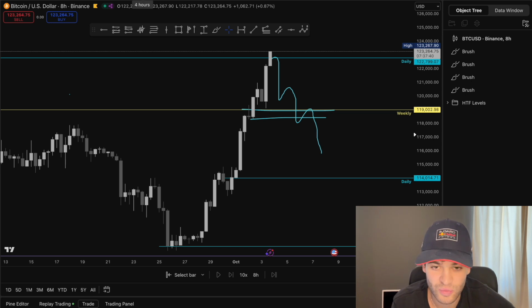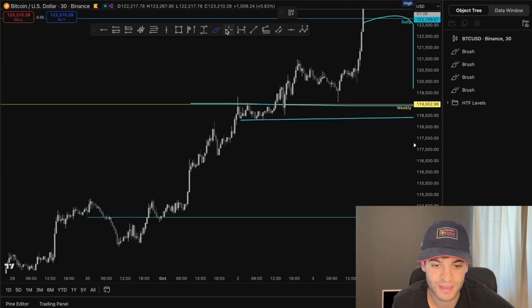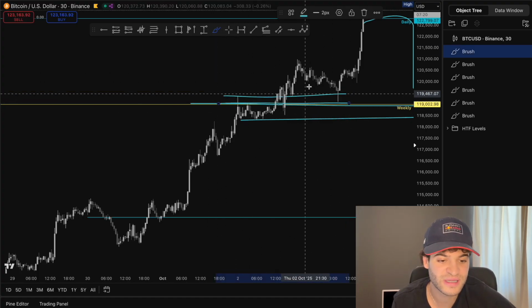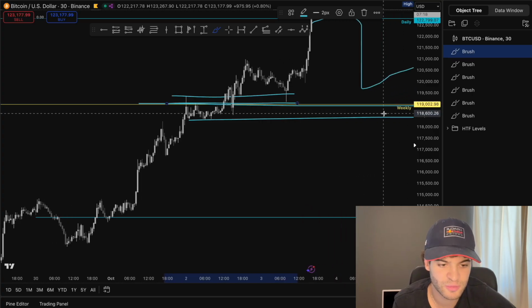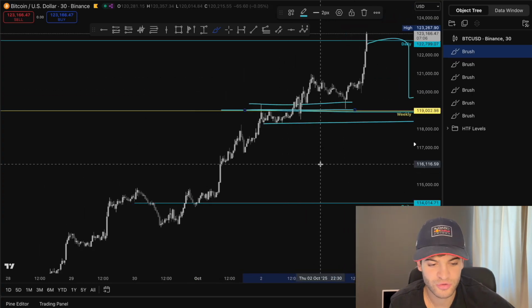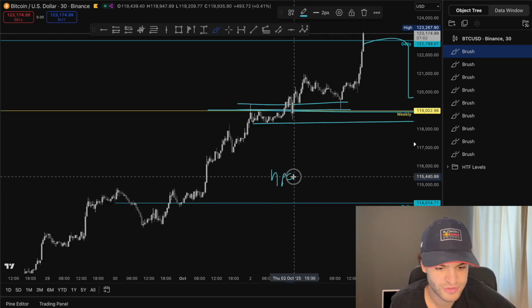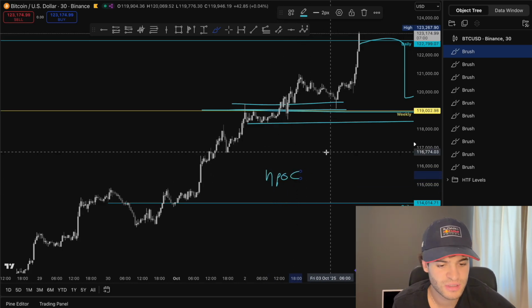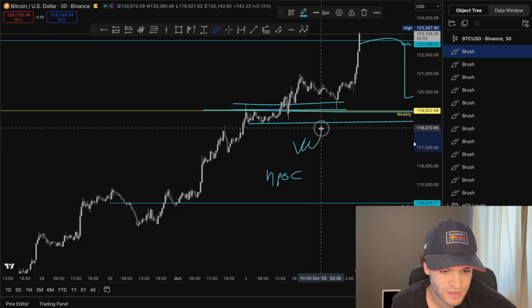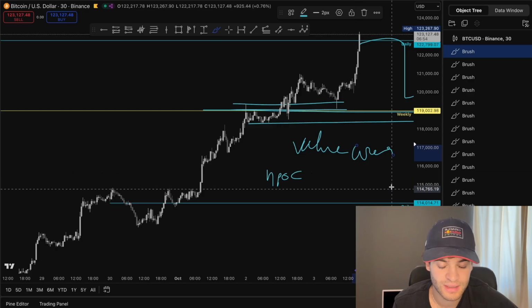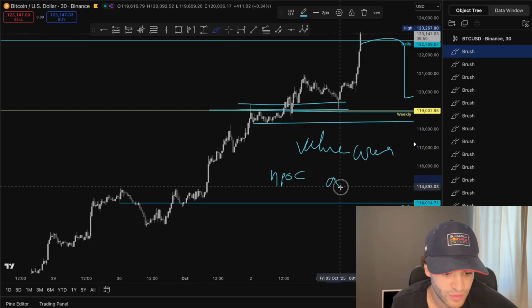And keep in mind, once again, I know I repeated it, but keep in mind that for these flips, confluence is very, very important. You don't want to just flip a weekly. You want to have more things to look at. And those could be, you know, like naked point of controls, which I'm not going to cover here and they will be in my advanced course, or value areas, or I don't know, Fibonacci levels, etc., etc. Anchor VWAPs.